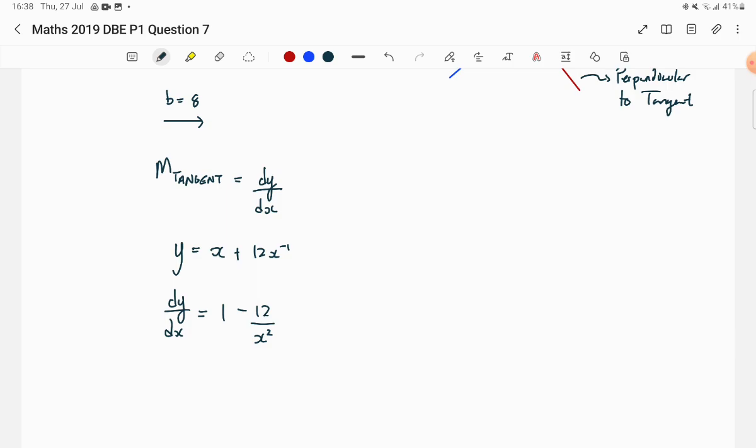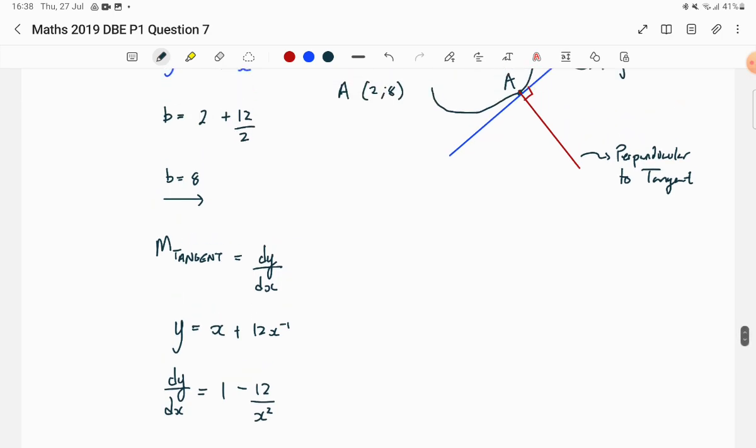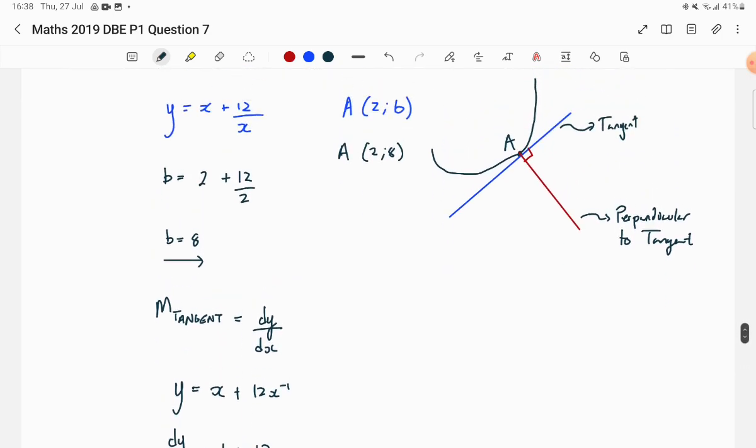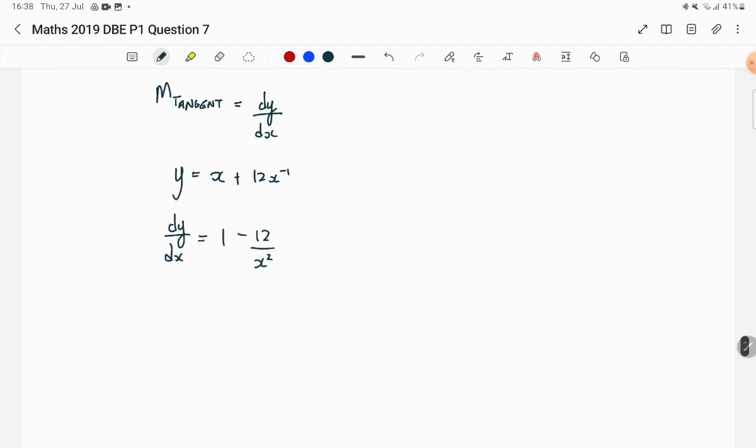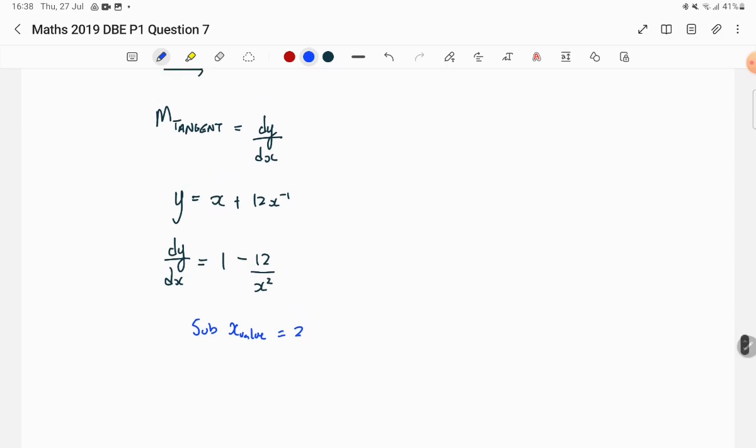Thereafter we need the gradient at the specific point A, whose coordinates are (2, 8), so we can sub in the x value, which is 2, and that will give us the gradient.